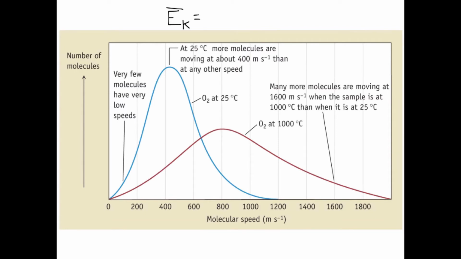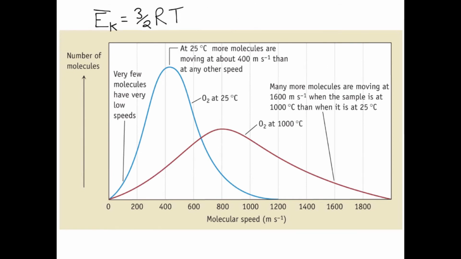And the average value of kinetic energy of an ideal gas sample can be written as 3/2 R times T. The T should not be surprising here because we know that the average kinetic energy seems to depend on temperature. As we increase temperature, we increase the average kinetic energy of our samples. And this is ultimately how we can determine that average kinetic energy, so long as we know the gas constant.